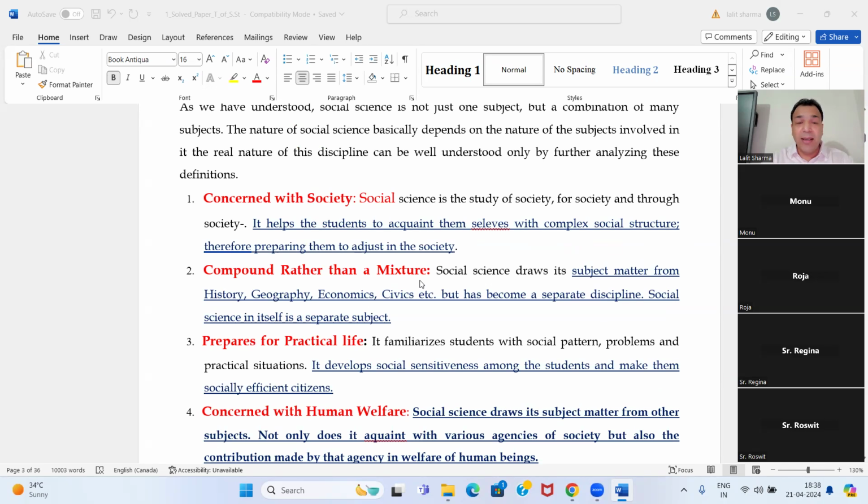You got the point? Okay. Why are the students taught social science? Because of the need to adjust into the society, right? Or social science क्या चीज है?